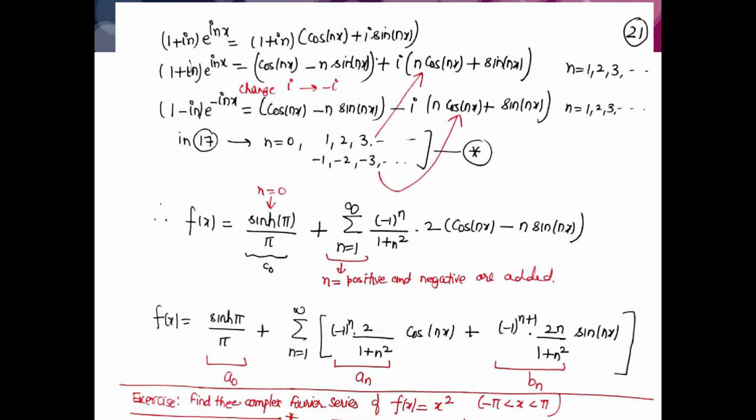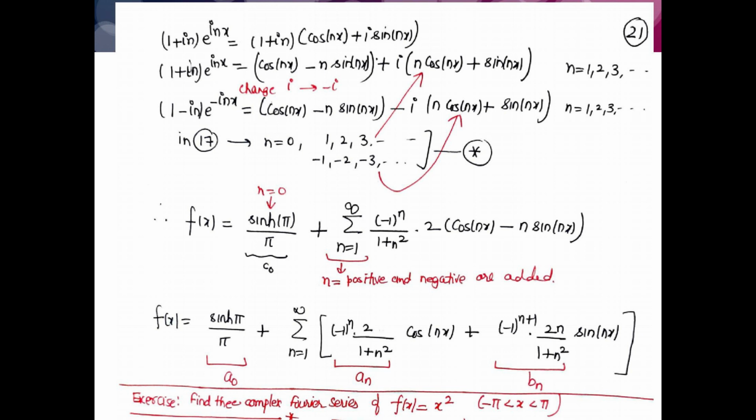Start with the first one, 1 plus iota n times e raised to power iota nx. Put the value of the exponential function e raised to power iota nx. Multiply this. We have the real part as cos nx minus n sin nx plus the imaginary part as n cos nx plus sin nx.